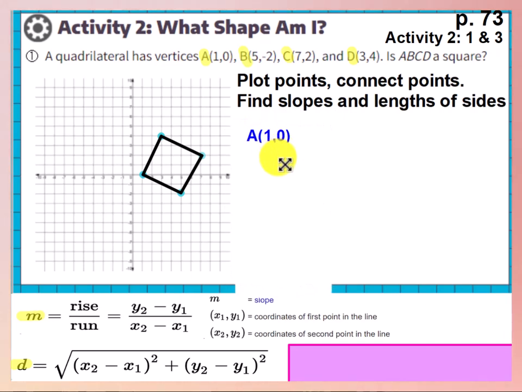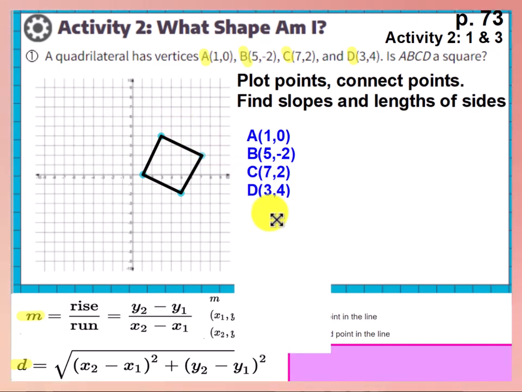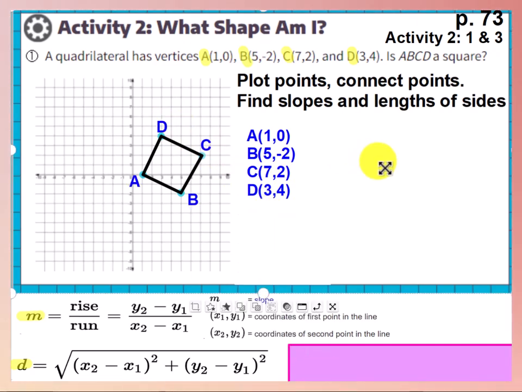Point A is 1, 0. I'm going to stack them on top of each other. And you could also write those points on the graph, but I like to organize them this way. All right, now we have the coordinates labeled. We have the points stacked on top of each other. All right, now we have everything organized and labeled.